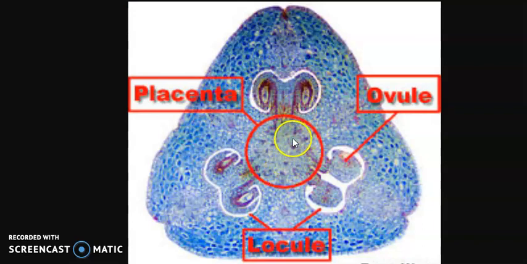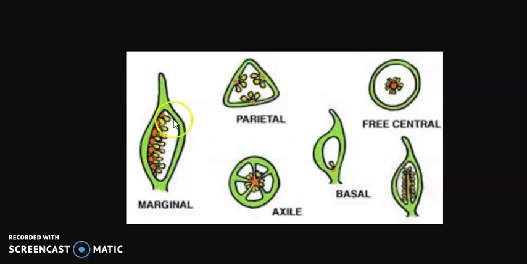All the ovules are present within the ovary along with the nutritive, supporting tissue called the placenta. I am sure from class 11 biology you recall the different kinds of placentation, or the different ways in which the ovules may be arranged around the placenta in the ovary.